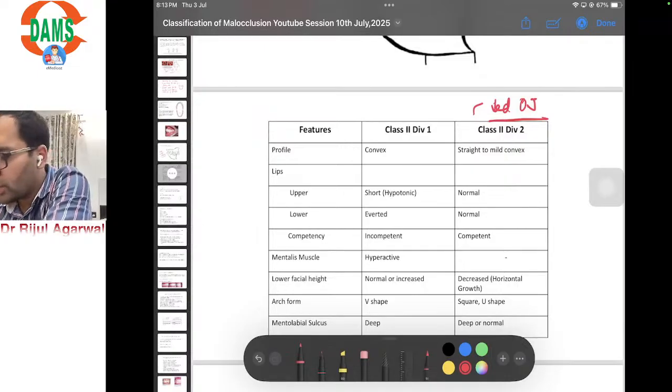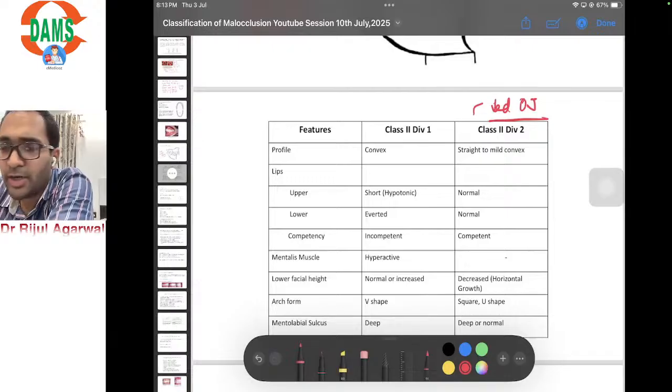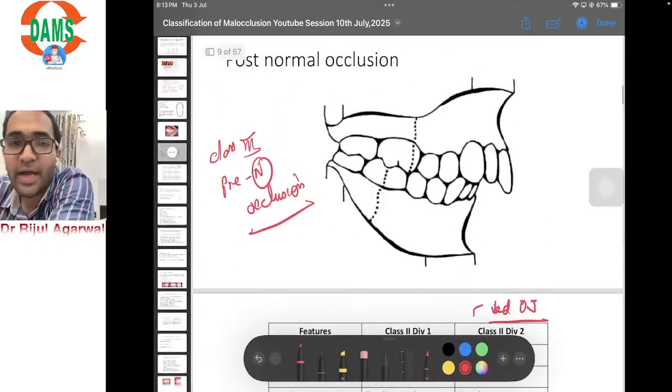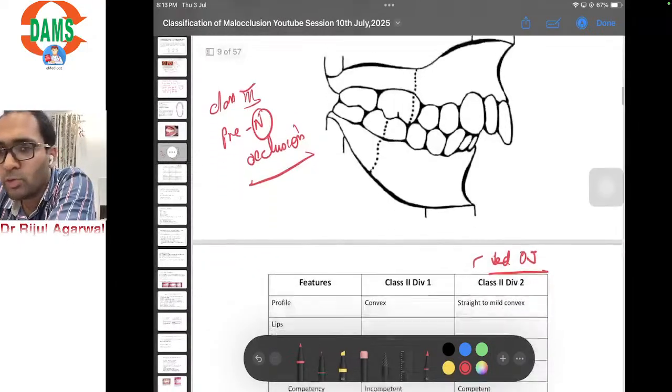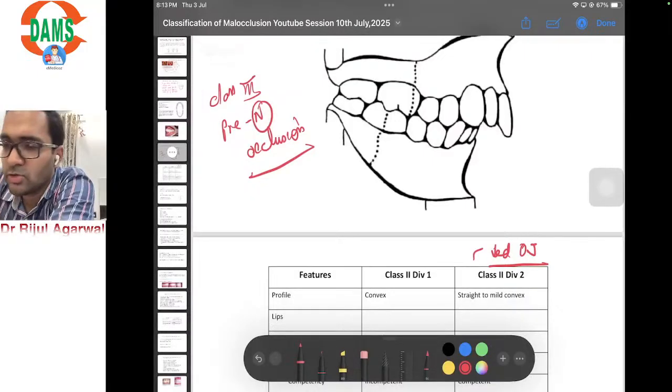So these division 1 and division 2 of class 2 malocclusion were given by Angle himself. In the upcoming slides we'll learn about the subdivisions of class 1 and class 3. They were not given by Angle, but class 2 div 1 and div 2 were given by Angle himself. So this was the first MCQ question.